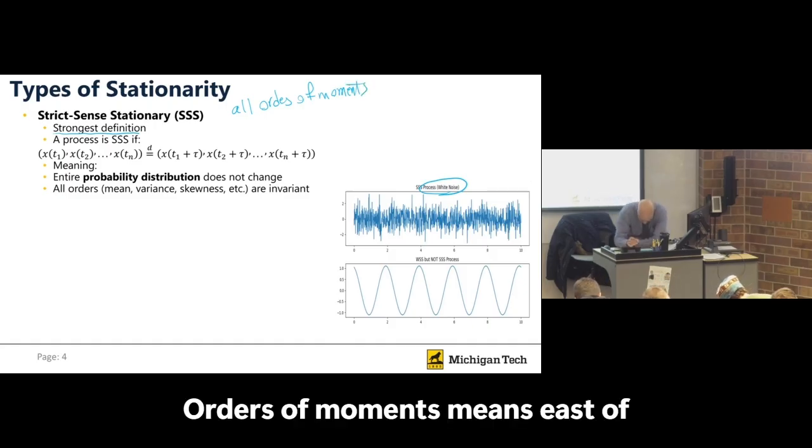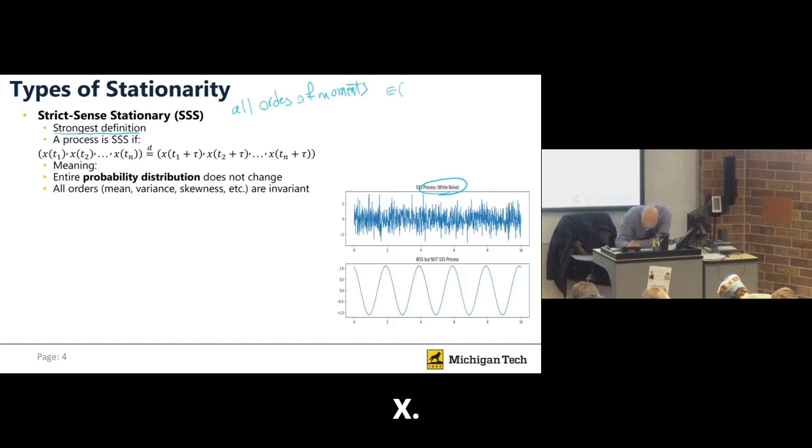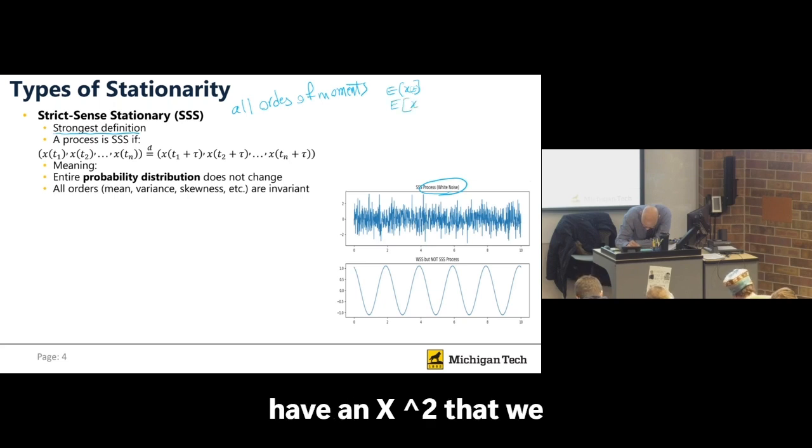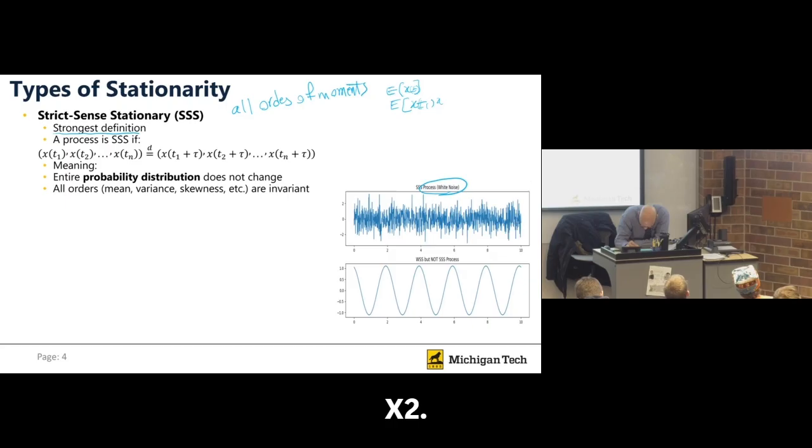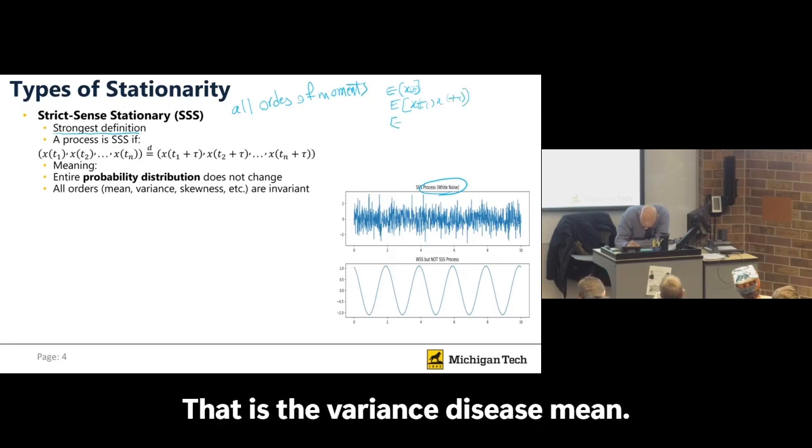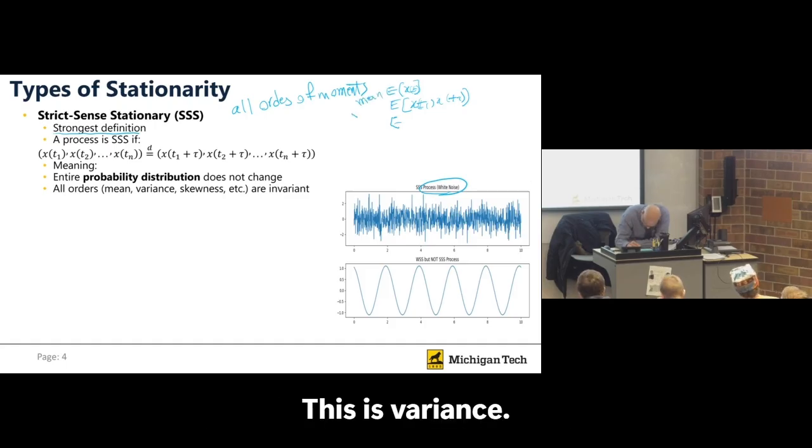Orders of moments means E of x of t, E of x squared, that we can also write like x t1, x t2. That is the variance. This is mean. This is variance.